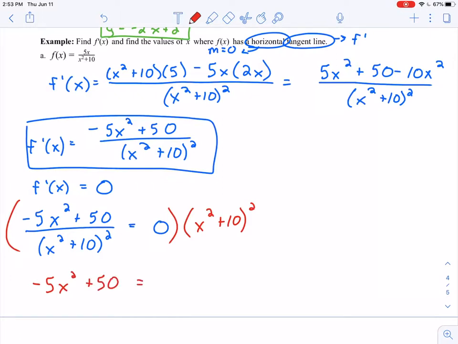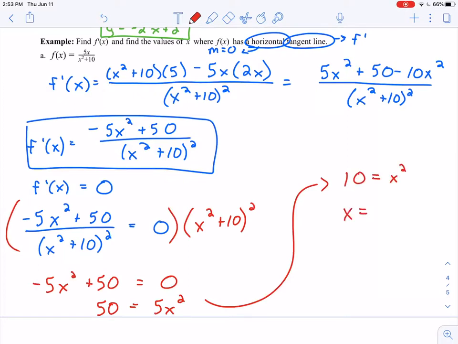On the right-hand side, I have 0 times x squared plus 10 quantity squared, but 0 times anything is just 0. So let's see, we'll add 5x squared, so 50 equals 5x squared. We'll finish up over here just so we have enough room. Divide by 5, so 10 equals x squared, and then take the square root. I end up with x equals plus or minus radical 10.